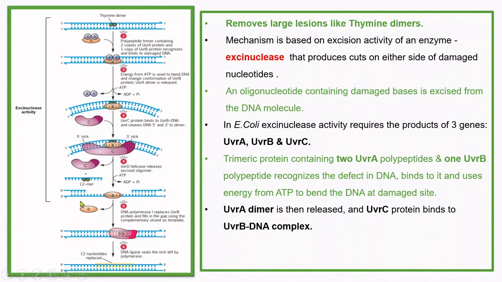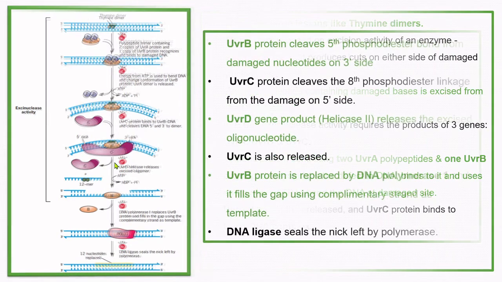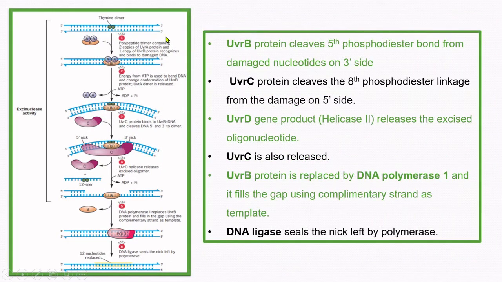So polymerase will read the complementary strand, fill in the gap, and ligase will seal the end, and the thymine dimer has been repaired. So here are the notes that are written for you. You can just read them and understand the concept.